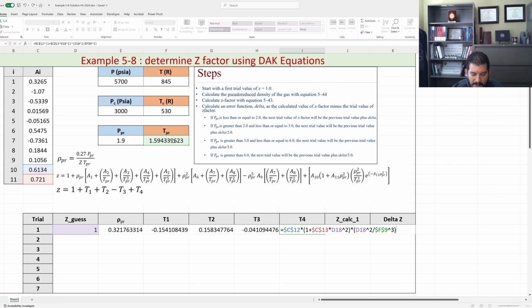Now, exponential, so we type EXP to get the exponential. I think it should, yeah, exponential of negative A11, lock A11, times pseudo reduced density squared.